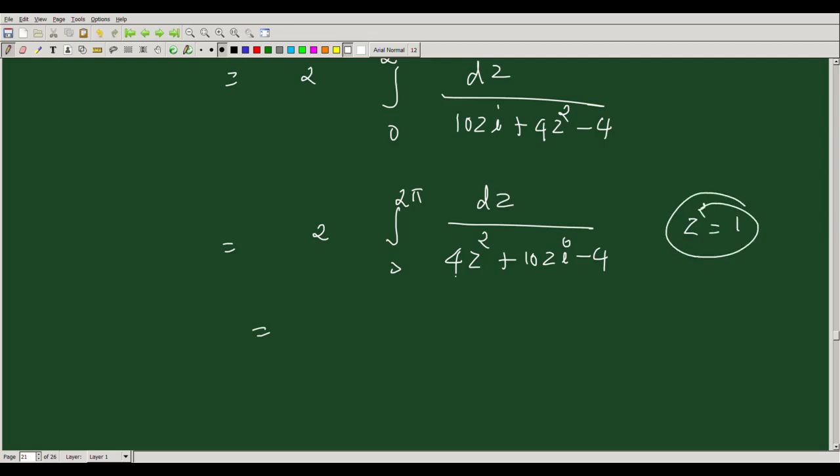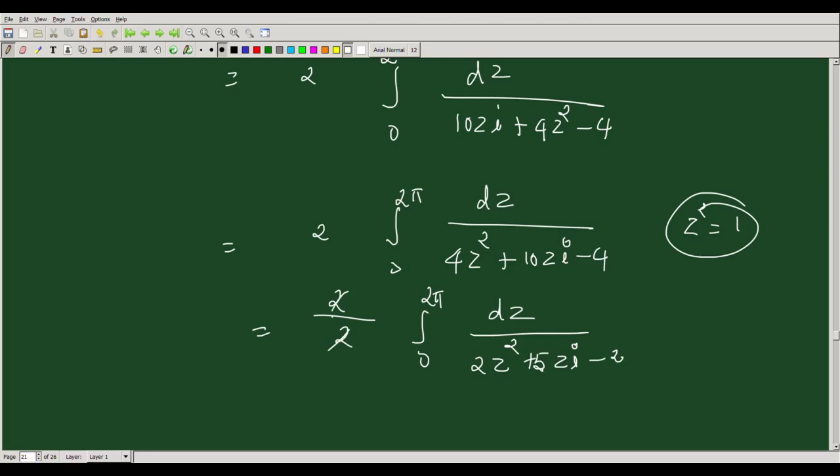Here the coefficient of z square is 4, so just take 4 outside, or otherwise first cancel, take 2 outside. What you will get, taking 2 outside, 0 to 2 pi dz, 2 times (z square plus 5zi minus 2), correct?